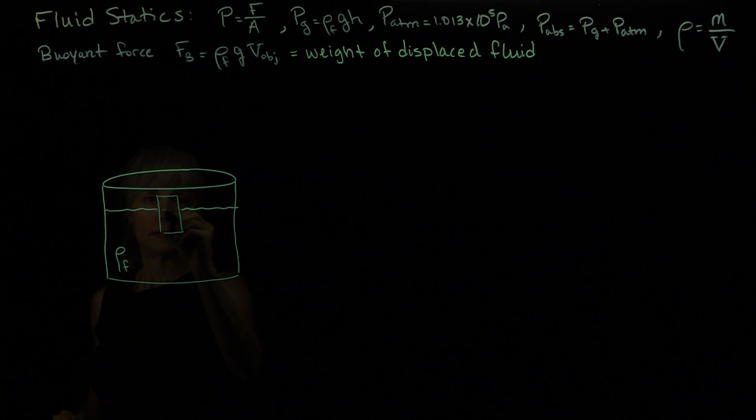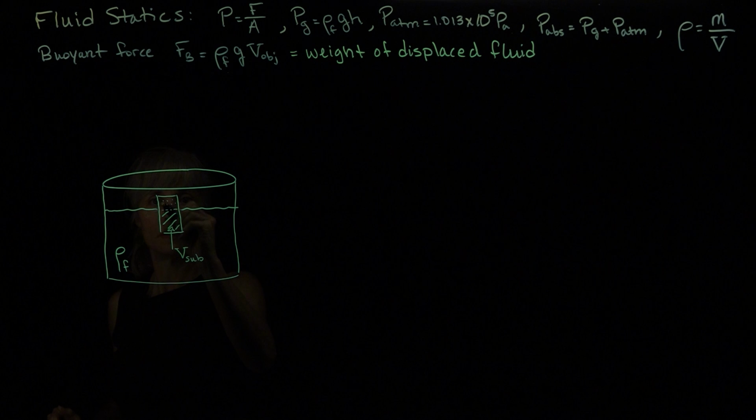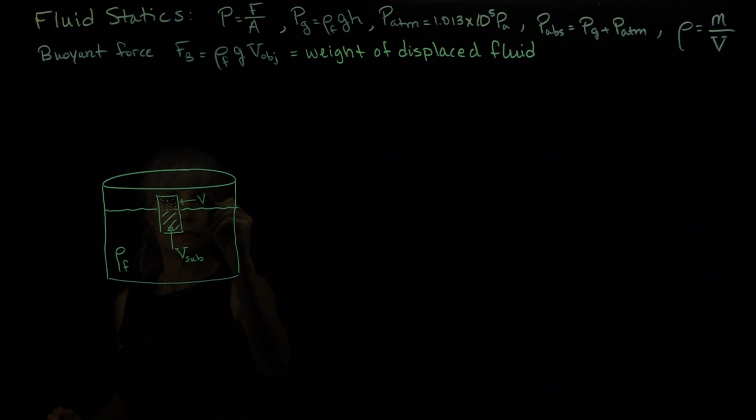And let's make this the V submerged. So this is going to be V submerged. And this volume up here, which I will polka dot, this is V not submerged.